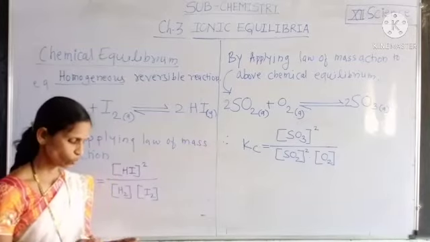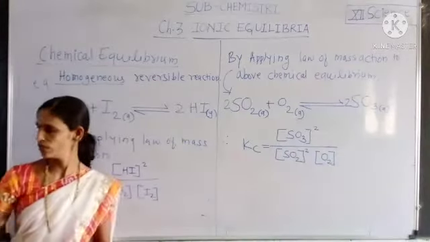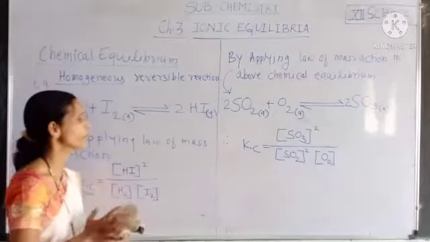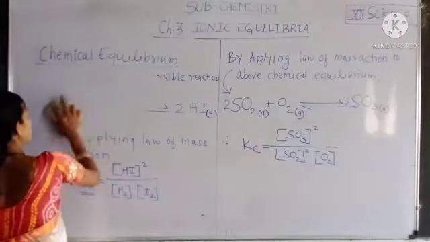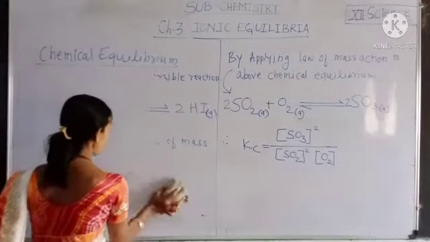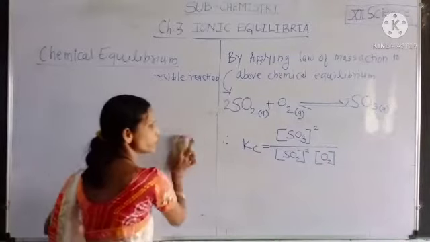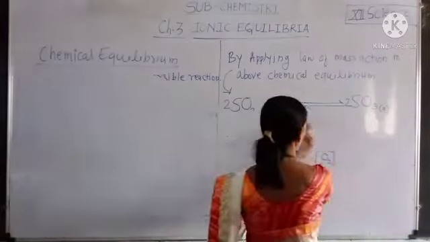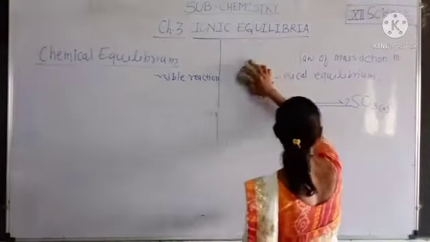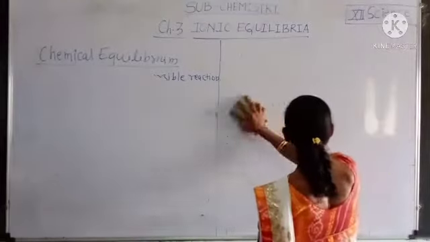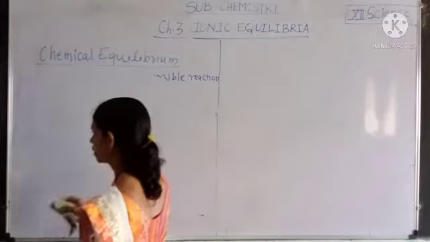Now we will discuss ionic equilibrium. See here, what is ionic equilibrium? Ionic equilibrium is nothing but one of the types of chemical equilibrium process or chemical equilibrium reaction.